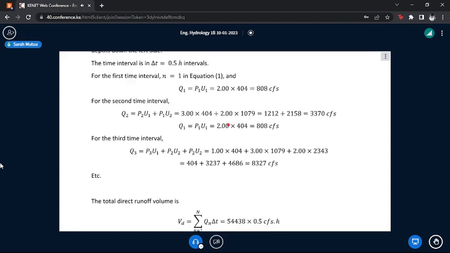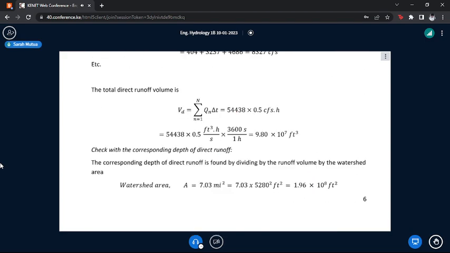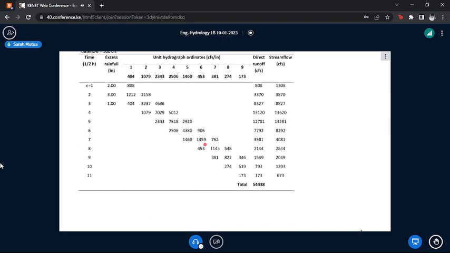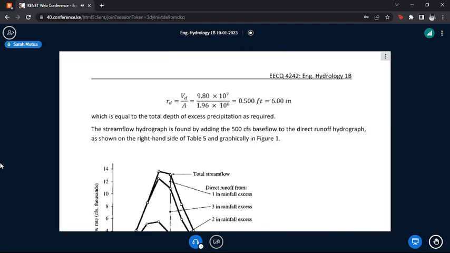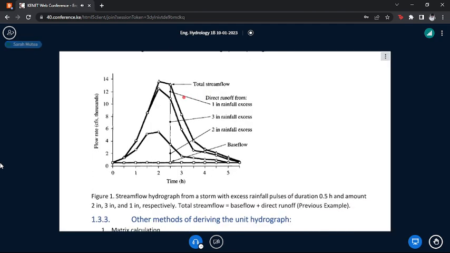So we have an example, and I will still leave you people to look at it. This is direct application of the unit hydrograph, the convolution equation.